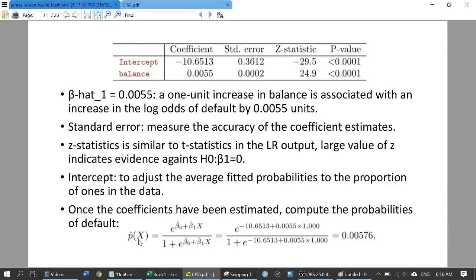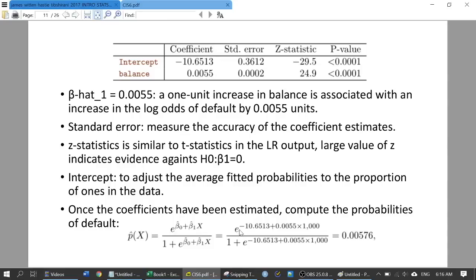Okay, so the probability that the person with 1,000 in the credit card balance will default is given by, you just plug in this information. So the exponent of beta naught plus beta 1, now both have hats because these are the estimated values, which can be taken from this result.